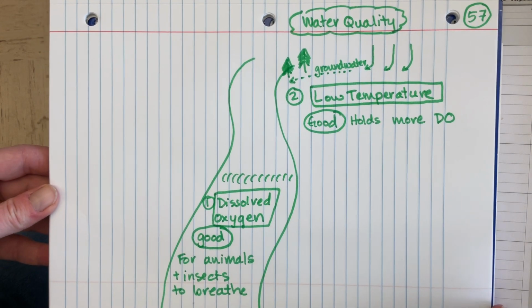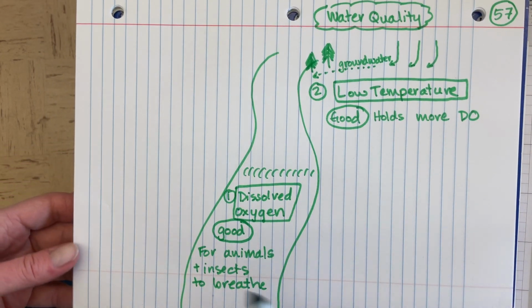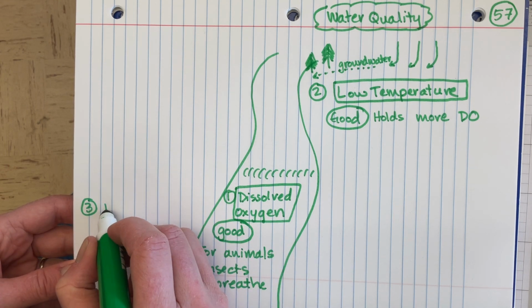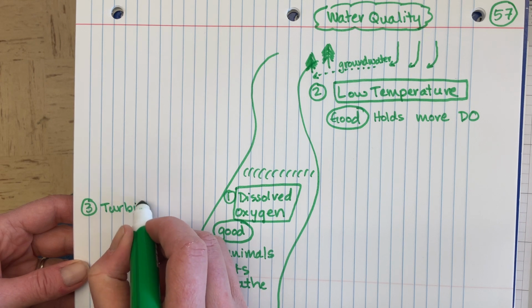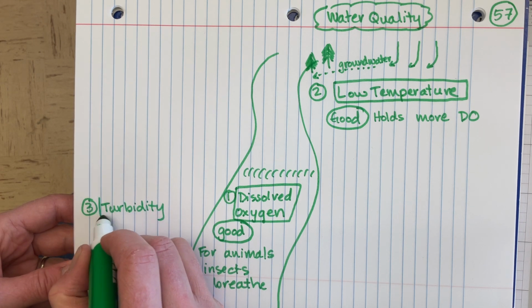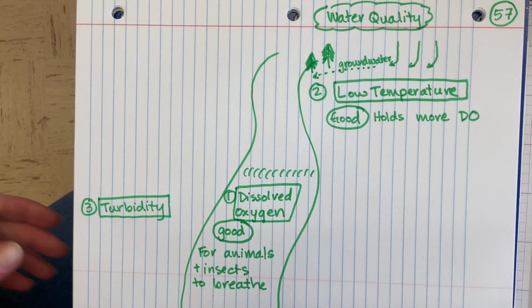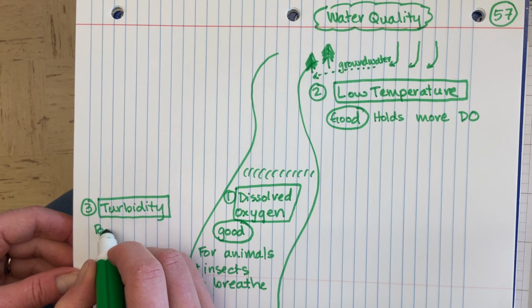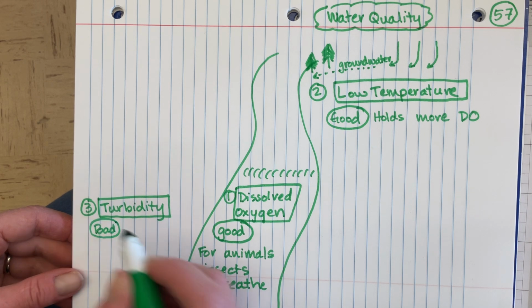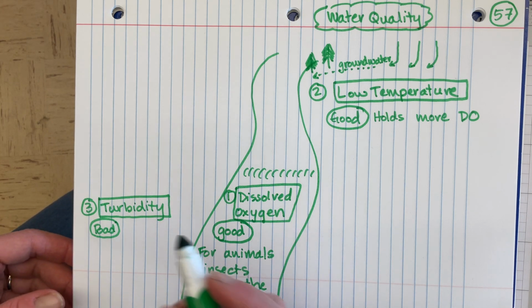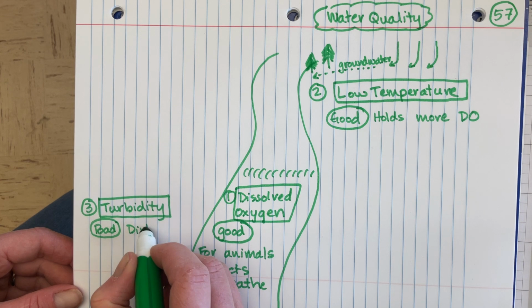Now, kind of the opposite of that is another thing we tested, which was number 3, and that was turbidity. And turbidity is something that's bad. It's dirty water.